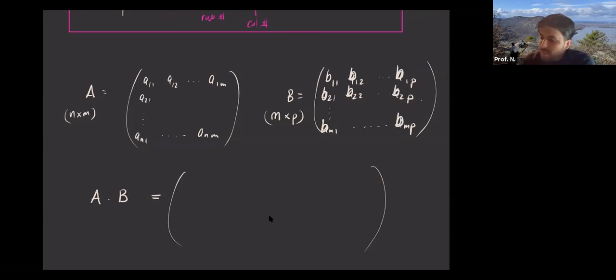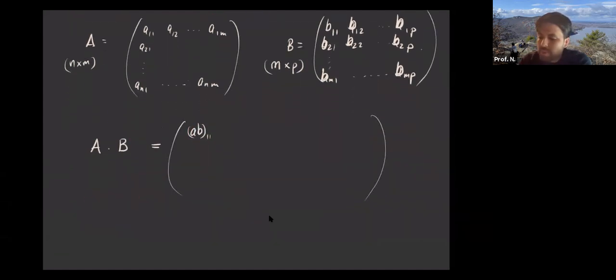So for example, if I want to know what the first entry of this product is, what do I have to do? What is AB 1,1 going to be? Of course, AB is just the name of the product, A times B. I have to take the first row of the first matrix and multiply it in this very particular way with the first column of the second matrix.